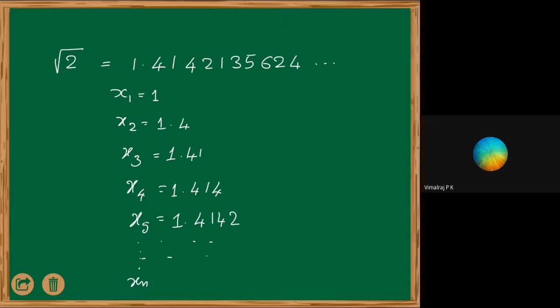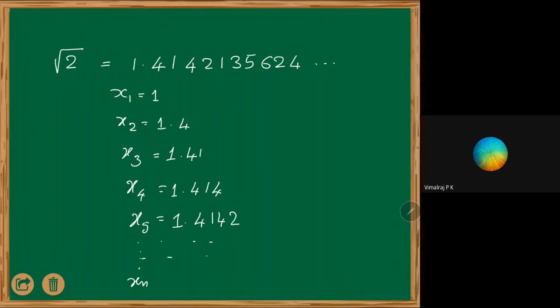Yes or no? Yes, sir. Will it be converging to somewhere? Just think where it converges. In this strategy, I have taken the first decimal, second decimal also included, third decimal also included.